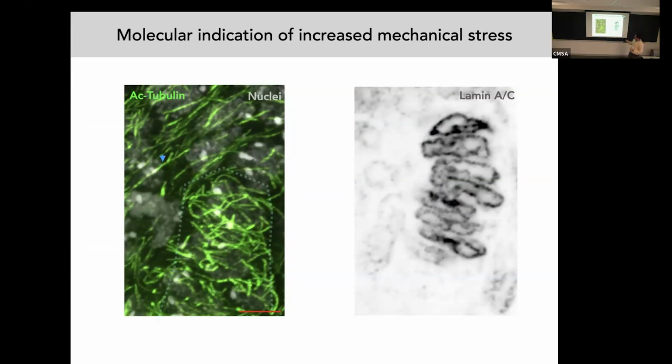And we found that these stacks show a sign of increased mechanical stress, which is apparent from the increased intensities of acetylated tubulin inside these cells, and also an increased number of these strands, and also lamin A/C, which is a mechanosensitive lamin, a nuclear envelope protein, which is expressed at high levels, or localizes to the nucleus at high levels, when the cells are under some sort of mechanical stress.